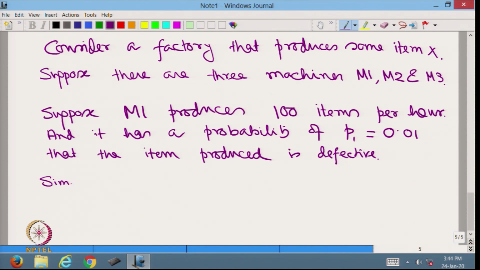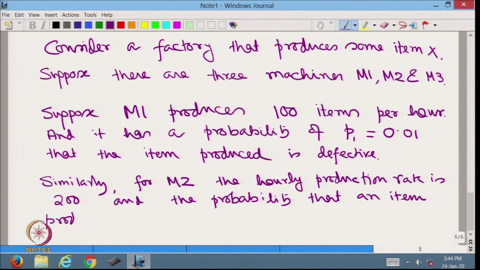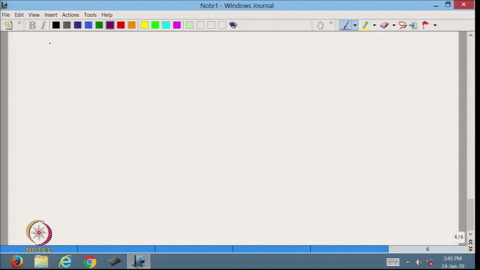Similarly, for M2, the hourly production rate is 200 and the probability that an item produced is defective is say 0.05.